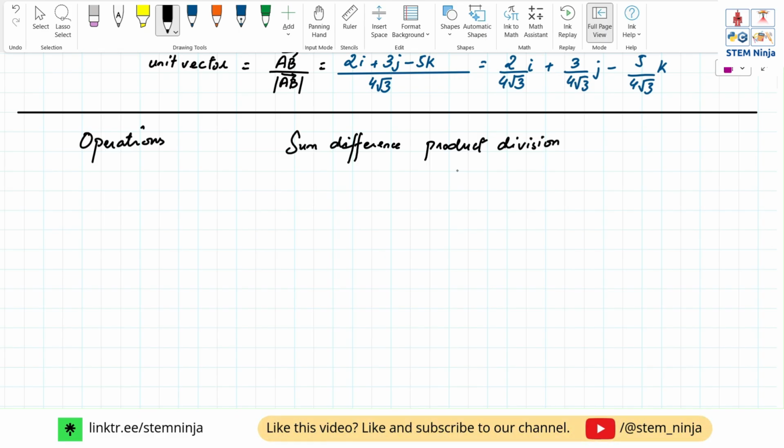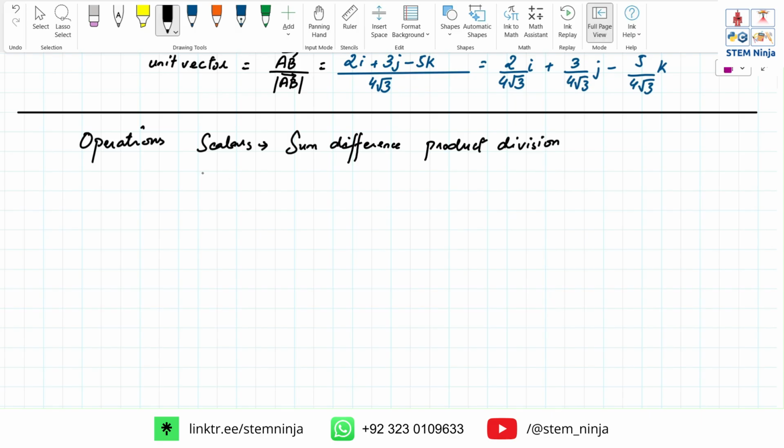In the same way, we have operations with vectors also. These exist for vectors also, but slightly differently. So first, let's take addition and subtraction.